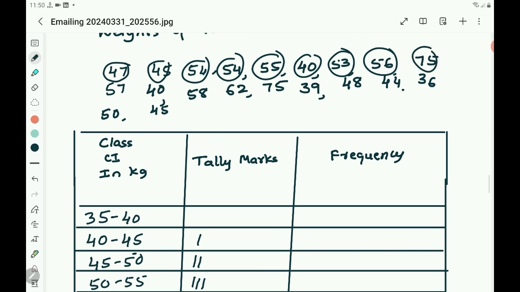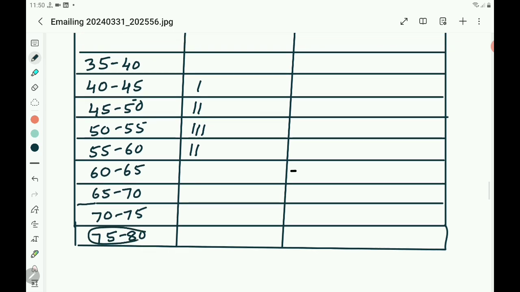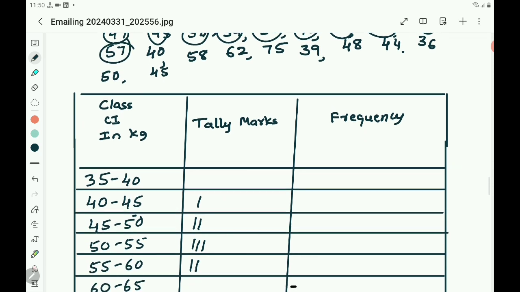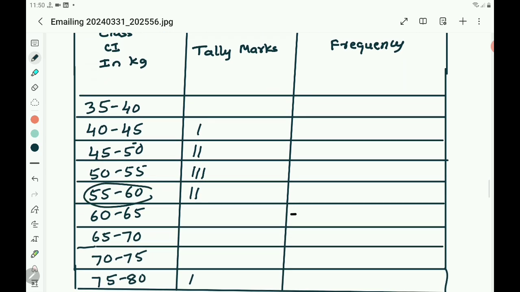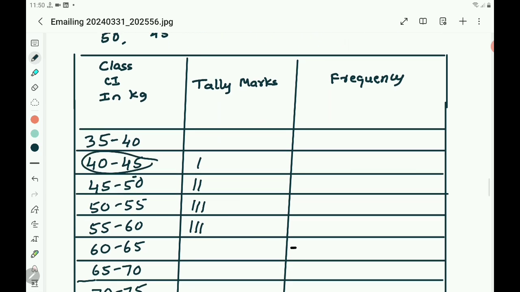Then 75. 75 comes in the last class, 75 to 80. Next 57. 57 comes in the group 55 to 60. Then 40. 40 comes in the group 40 to 45.